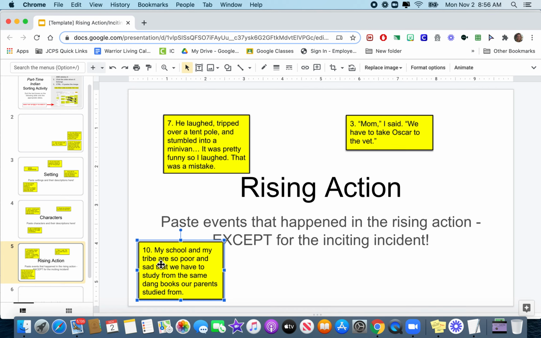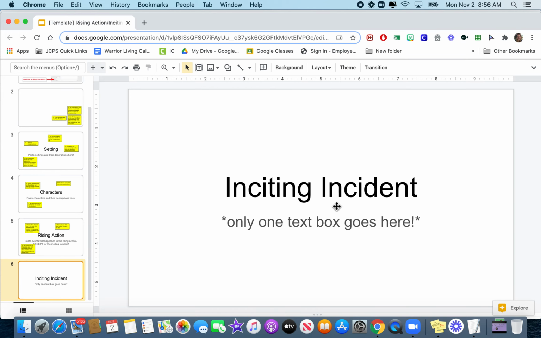So we know that Junior sees his mom's name on his geometry textbook, and that makes him really, really angry. Again, it didn't have to happen, but it does. It starts to lead towards the inciting incident. It's not the inciting incident yet, but it's close.